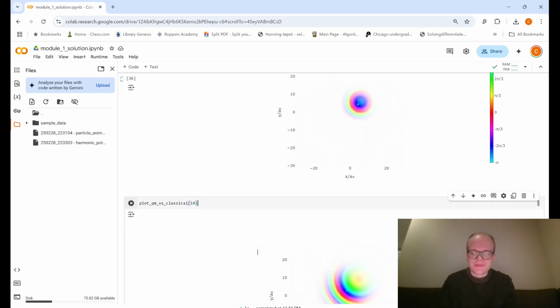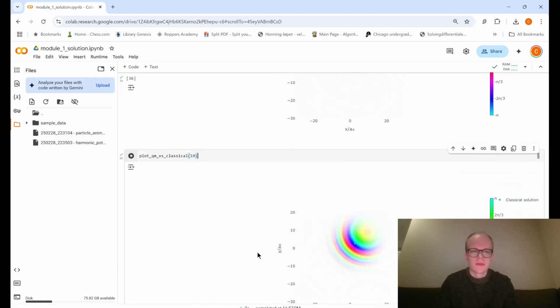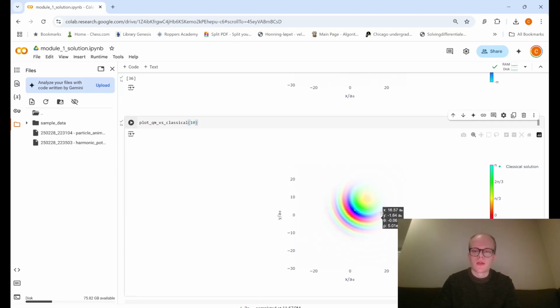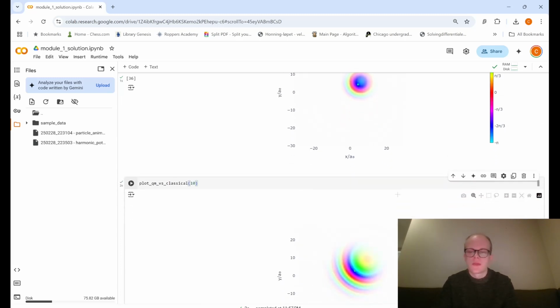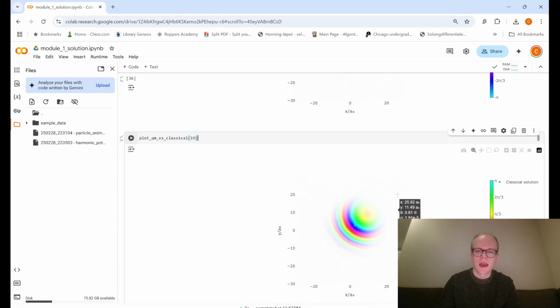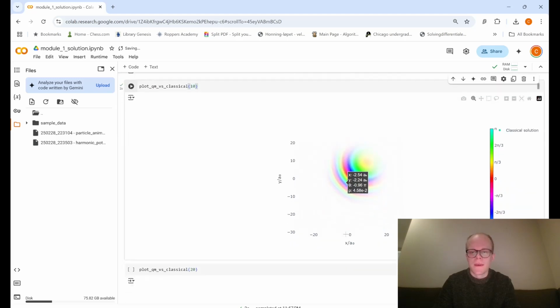So let's plot after time t equals 10. And we see the wave function has moved even further towards the center. It has a lot of momentum, which is encoded in this phase gradient right here.